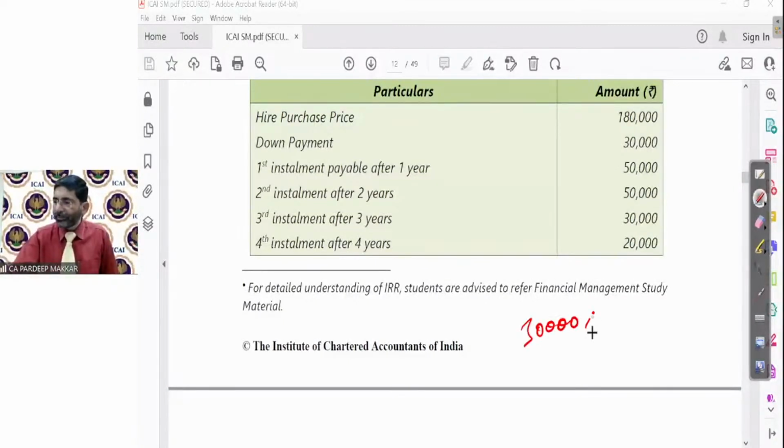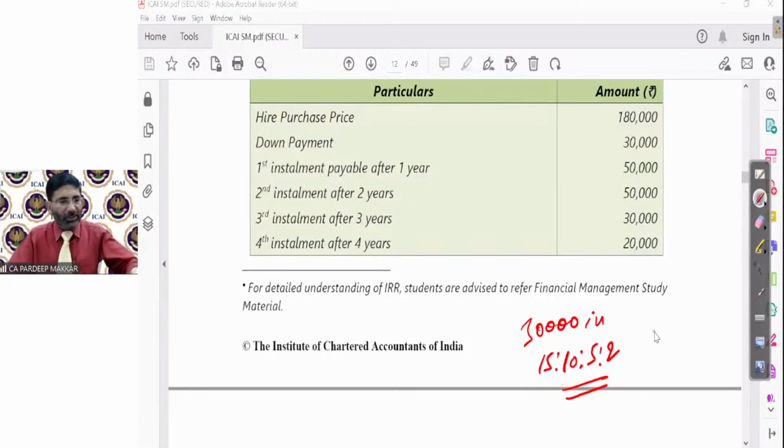30,000. 15 is to 10 is to 5 is to 2, sorry. So a student is saying it is 14,062. Check it out.